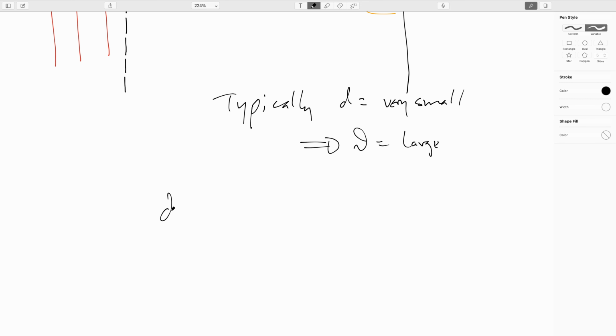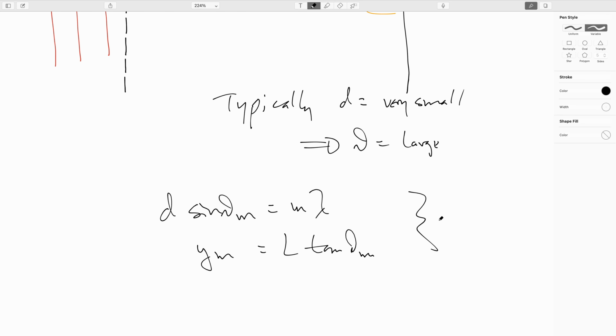I'll just quote the result here. d sine theta_m, where m is the order of the spectrum, equals m lambda, and y equals L tangent theta_m. And this is for m equals 0, 1, 2. In practice, you usually don't get much above the second order, maybe the third for some setups. And this is because the angles are just so much bigger.